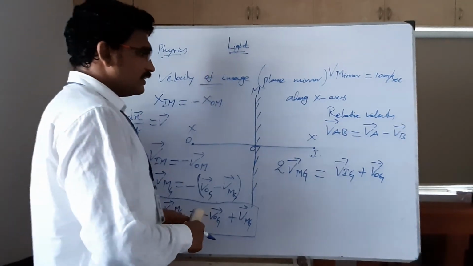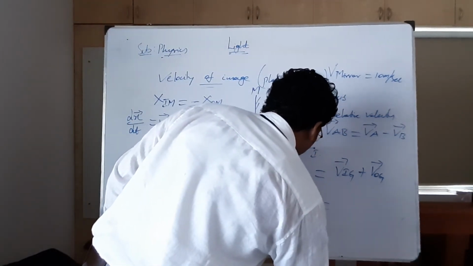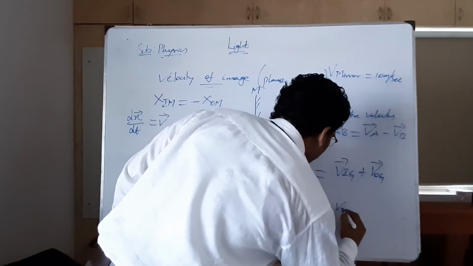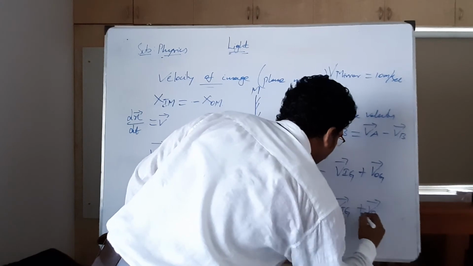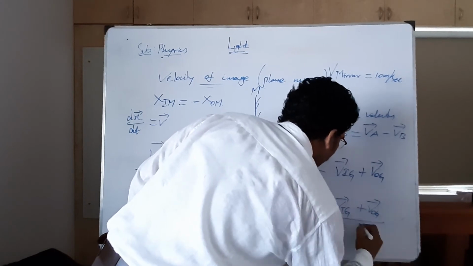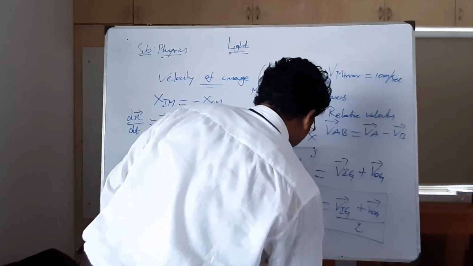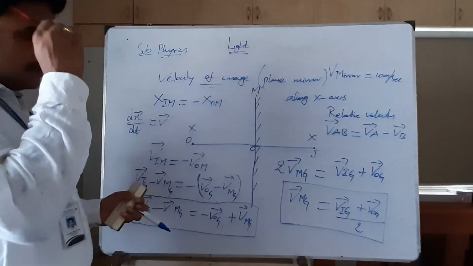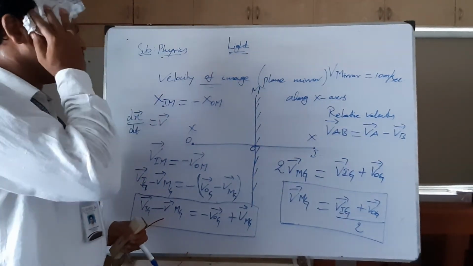Then what you can calculate? Velocity of mirror with respect to ground is going to be velocity of image plus velocity of object with respect to ground, divided by 2. This is what you can understand when you are calculating this one.